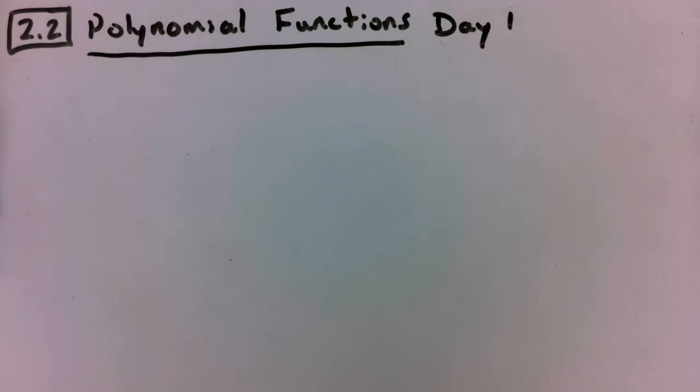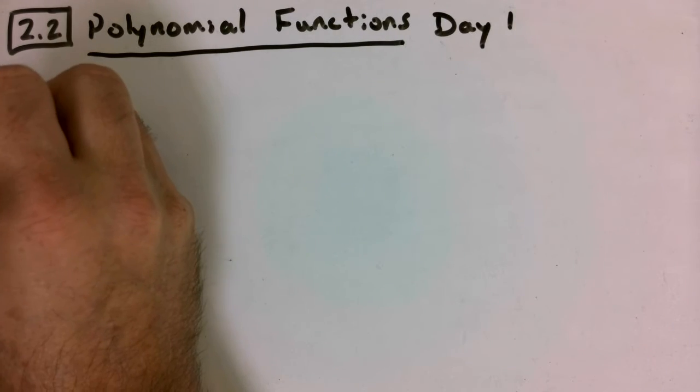And to start with, we're going to take a look at some problems where we need to go through and talk about the possible number of real zeros and the possible number of turning points for a polynomial.